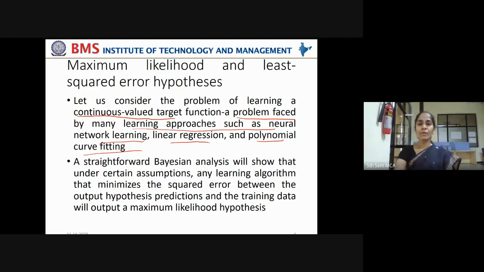Now, a straightforward Bayesian analysis will show that under certain assumptions, any learning algorithm that minimizes the squared error between the output hypothesis predictions and the training data will output a maximum likelihood hypothesis. What do we mean by this?